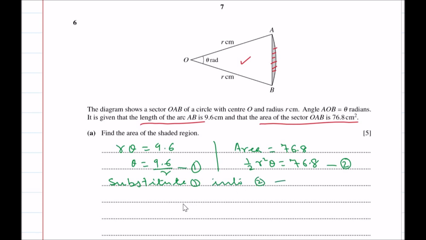What do we get? Half r square into theta. Theta is 9.6 by r, and that is equal to 76.8.